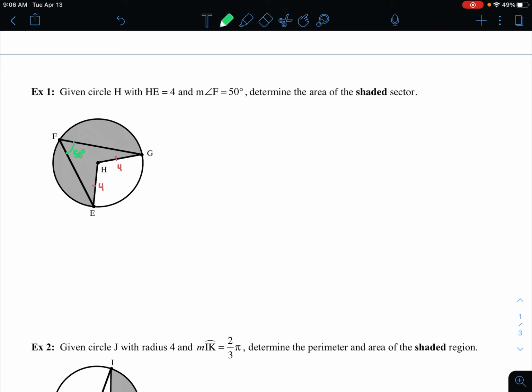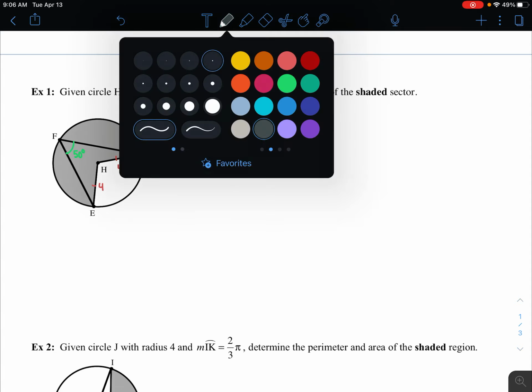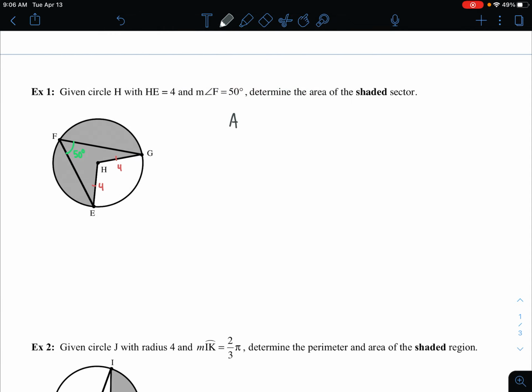Okay, so there's a few things we need to do here. In order to find the area of the shaded region, we need to first figure out the area of the circle, and then we'll subtract the area of this sector here.